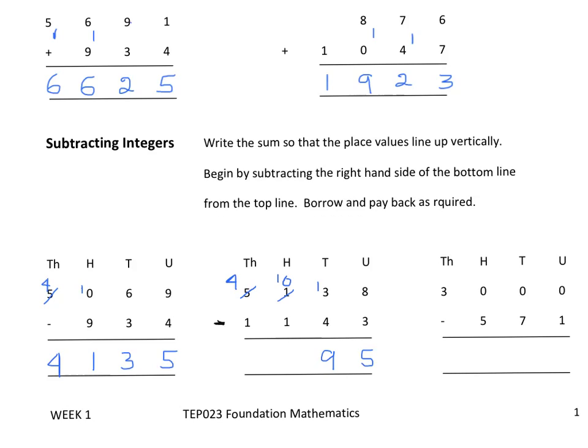Now we can say 10 subtract 1, and that's 9. And now moving into the thousands column, 4 subtract 1 is 3.